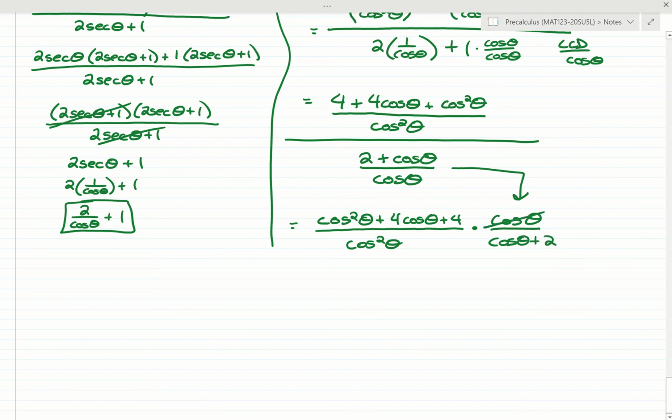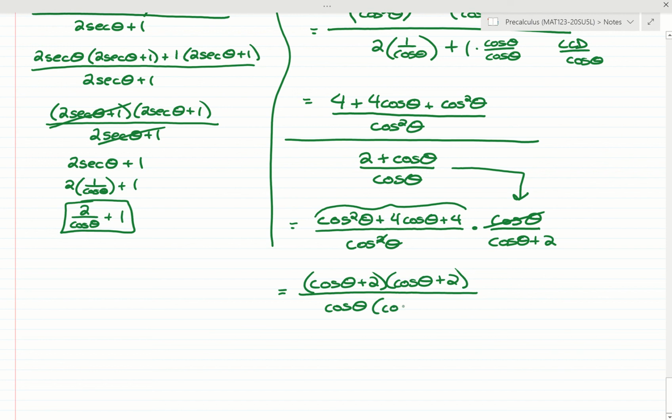One of these factors cancels with one of these factors. And we could actually factor this trinomial. That would factor to be cosine of theta plus 2 times cosine of theta plus 2, divided by the denominator, which is cosine times cosine of theta plus 2.